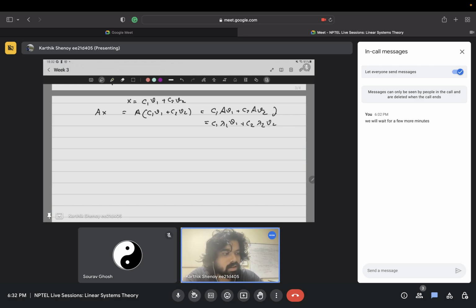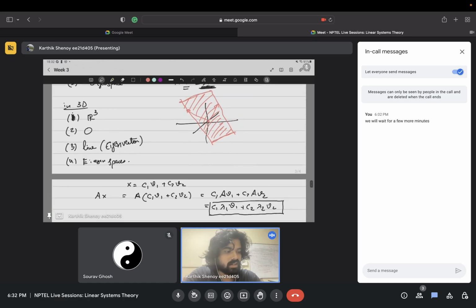I just substitute that: A V1 is lambda 1 V1. So what do we have here? This is nothing but a linear combination of V1 and V2, which is again on the plane, right? That's why it's called an eigenspace.